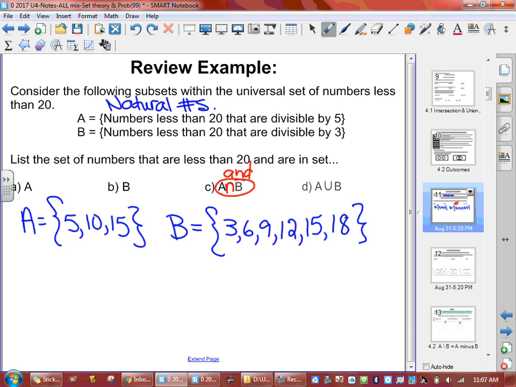So we've got A and B. If I want A and B, what am I looking for? The same things that are repeated in A and B. So I'm looking for common items, things that are identical. So what are identical in both sets? Right, only one number is the same. I have 15 here and 15 here. So here I'm going to make a set, and all that is inside it is the number 15.